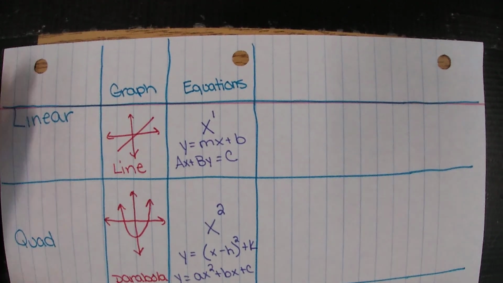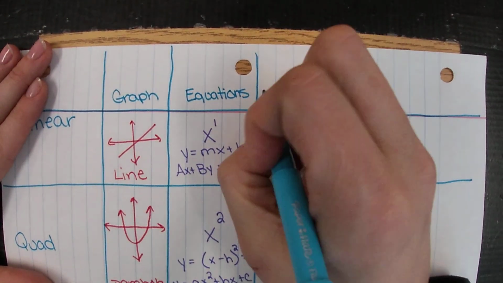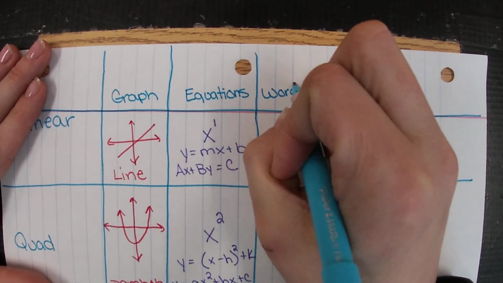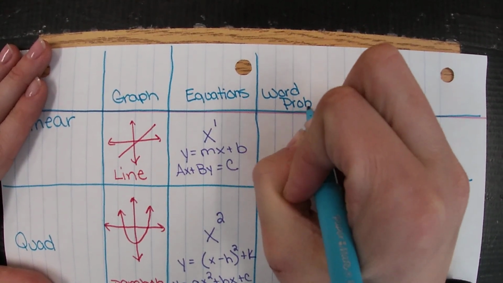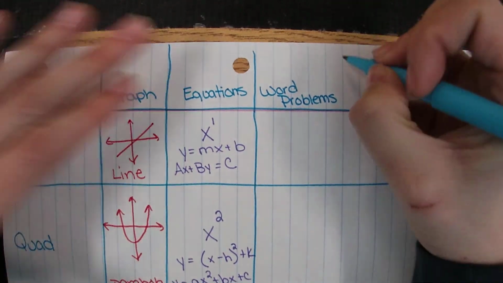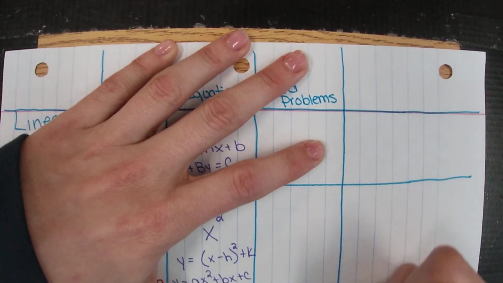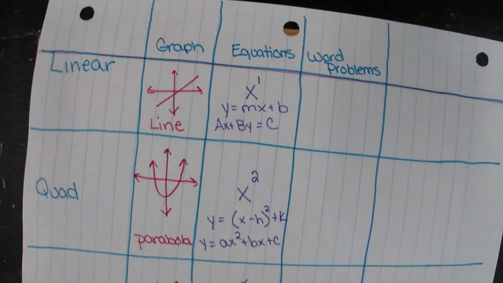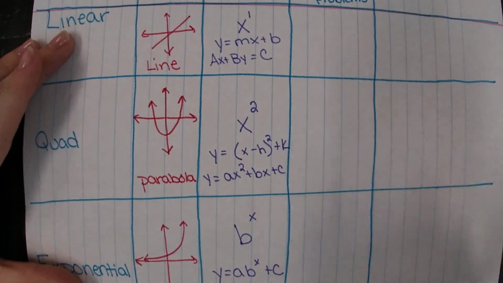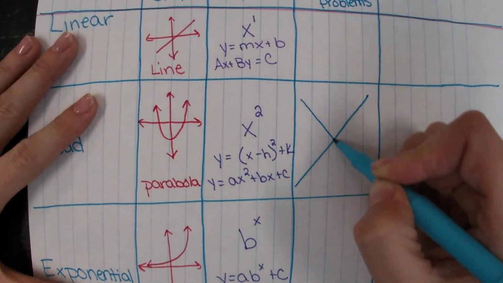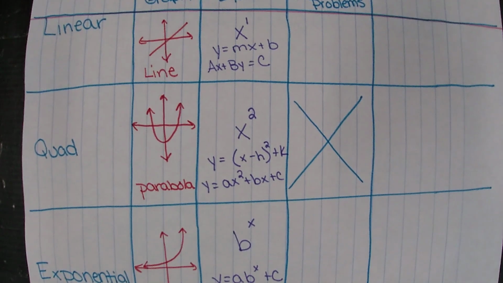We have also looked at these with word problems or story problems. Okay, so we should be able to associate words with these. Now, words with quadratics were a little bit unique because we were plugging that into a form. So there's not necessarily a key piece we're going to put in that column.